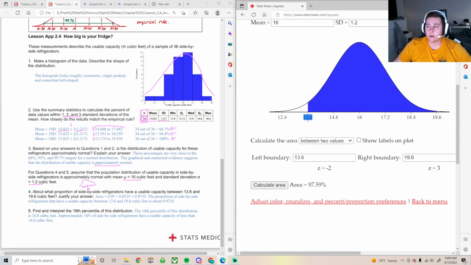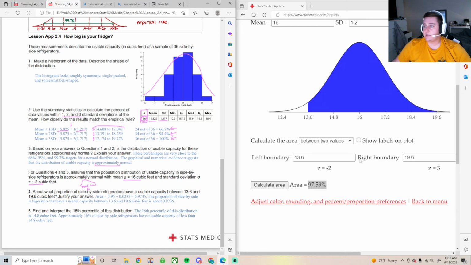So you're right here. And if you were at 19.6, you are 1, 2, 3 standard deviations above the mean. So the z-score system is just a way to talk about position relative to the mean on the normal distribution. So it gives us this area. We list the area here. We're done.